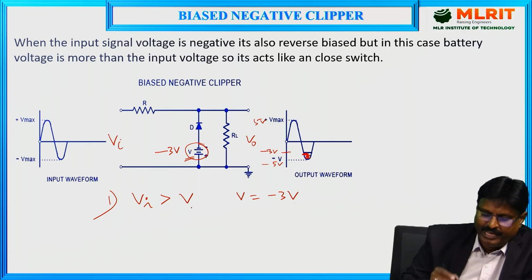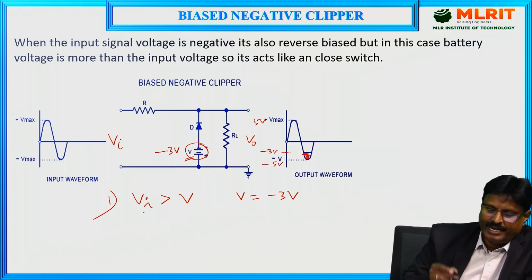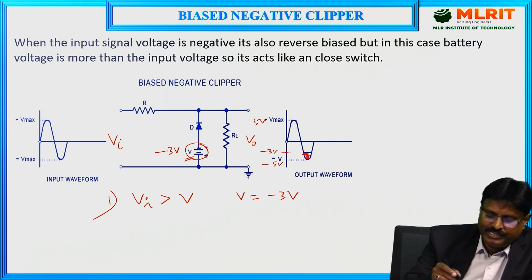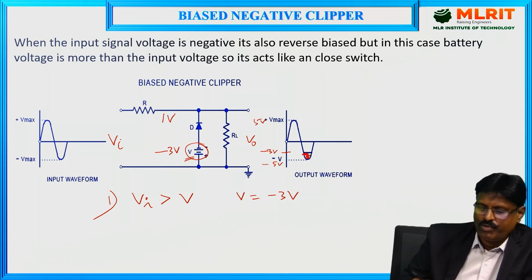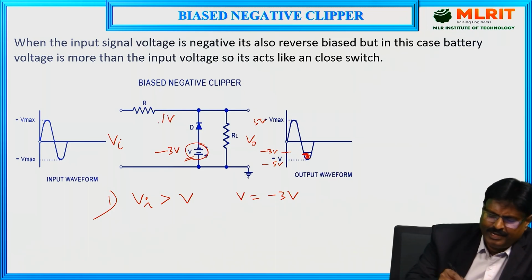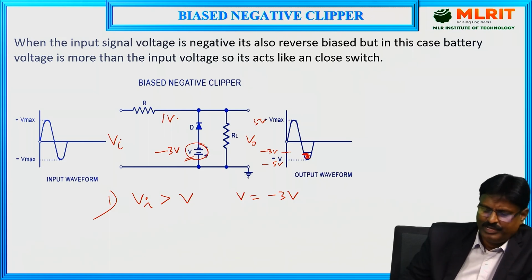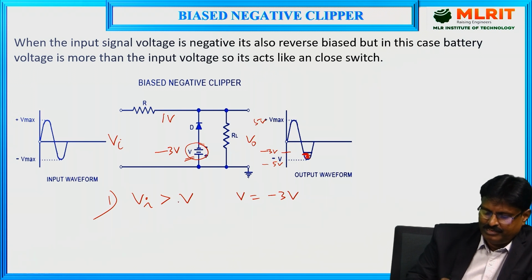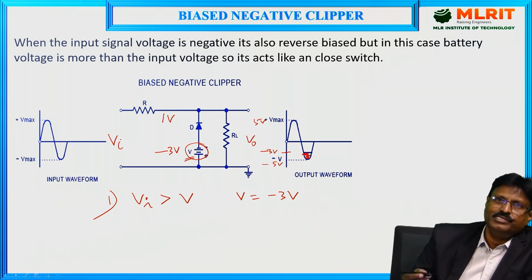Vi greater than V. Let the input voltage be 1 volt, or less than 5 volts. Let it be 1 volt. Greater than V means greater than minus 3. 1 is greater than minus 3, right?